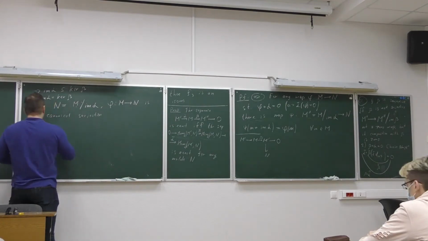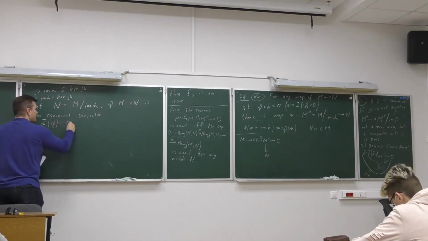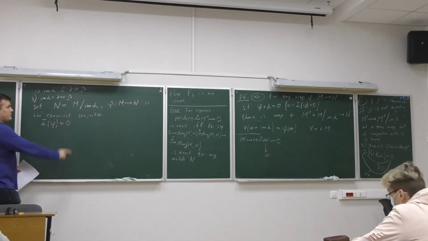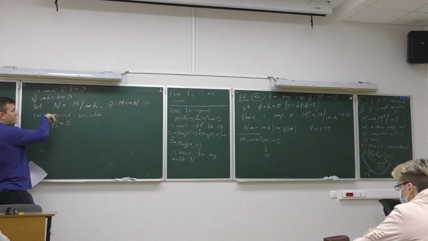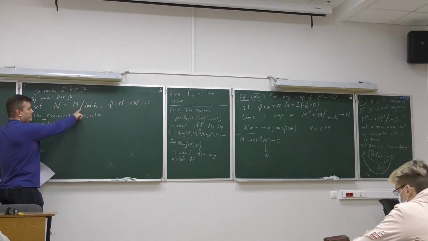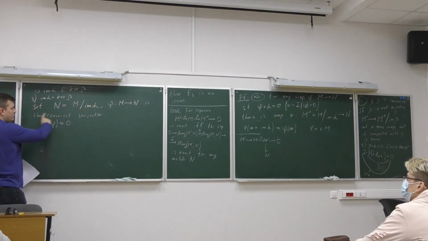Okay, now clearly if I apply alpha bar to phi, I'll get 0. Again, this follows immediately from the definition of n and this map phi. If we precompose with alpha and take a map that sends the image of alpha to 0, you get the 0 map.